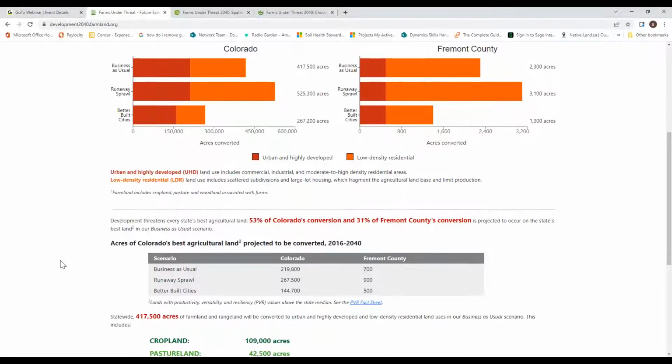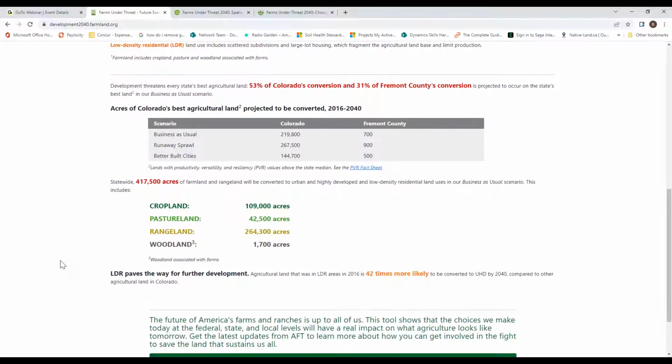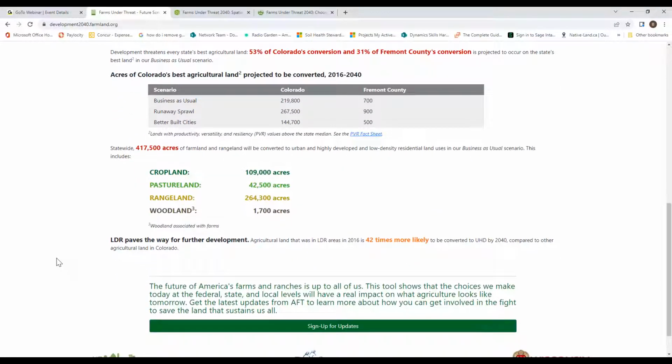So when looking down, again, at the types of land that are projected to be developed, here you see it says acres of Colorado's best agricultural land. We've used that PVR index, but this is land that is in the upper half of the state's PVR values, both for cropland and for rangeland.